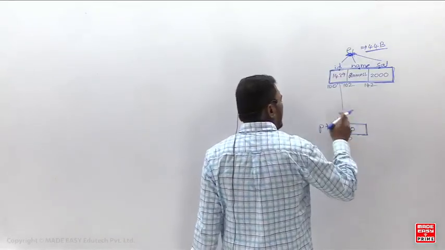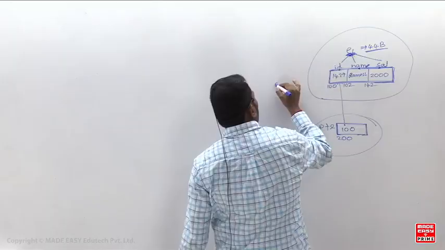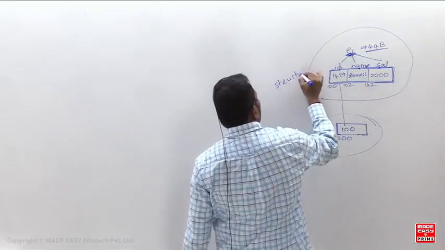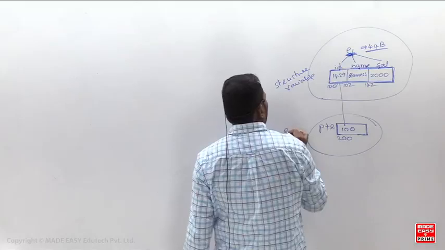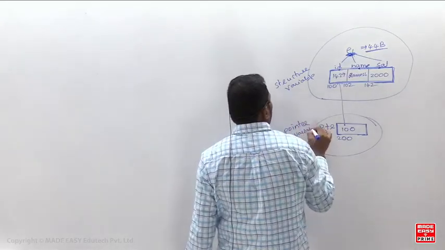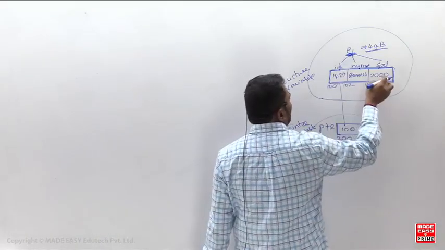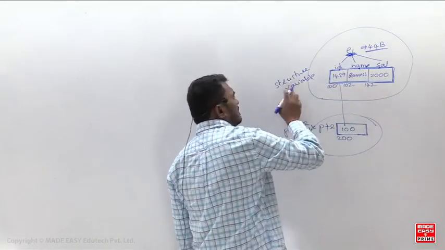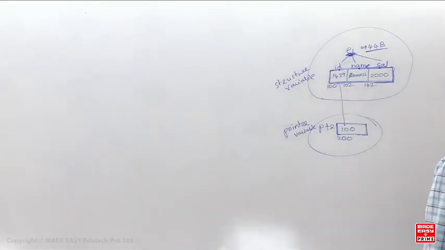Because this is a pointer variable, and remember, this is a structure variable. That is different, and this is a pointer variable. So obviously this has only one box and this has three boxes, because this is a structure variable and this is a pointer variable. That is different, and this is different.